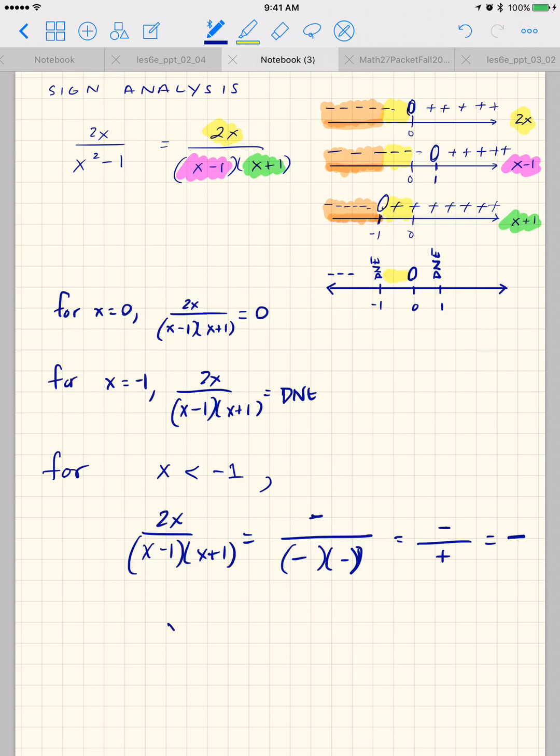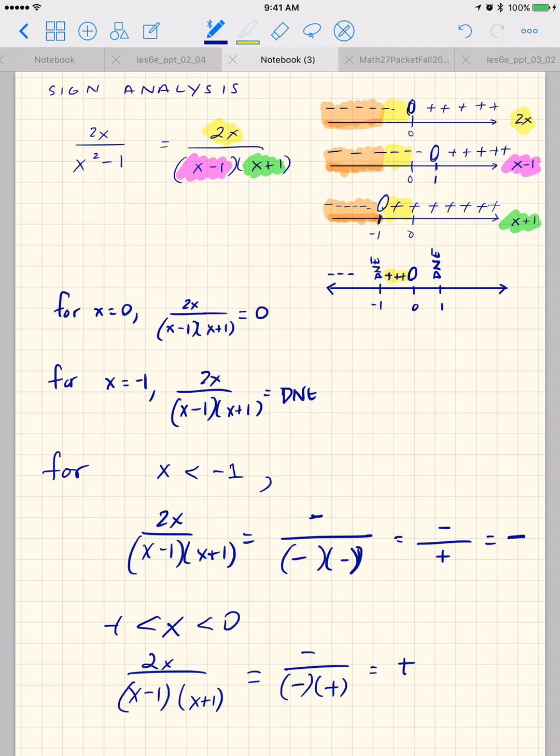So for x between negative 1 and 0, 2x over (x minus 1)(x plus 1) is going to be a negative divided by a negative times a positive. So that's going to be a positive. So we get plus, plus, plus.